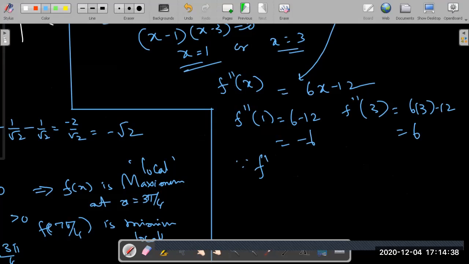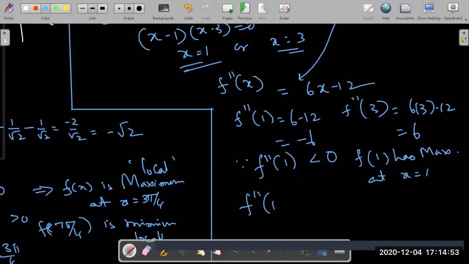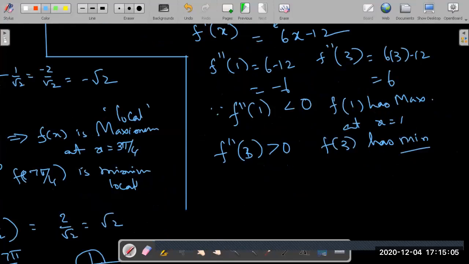Since f double dash 1 is less than 0, f of 1 has a maximum value at x equal to 1. f double dash 3 is greater than 0. Therefore, f of 3 is a minimum value. And we need to find both maximum and minimum values.